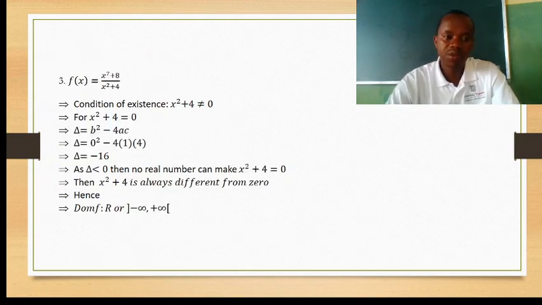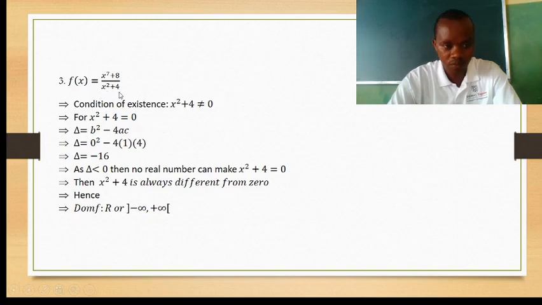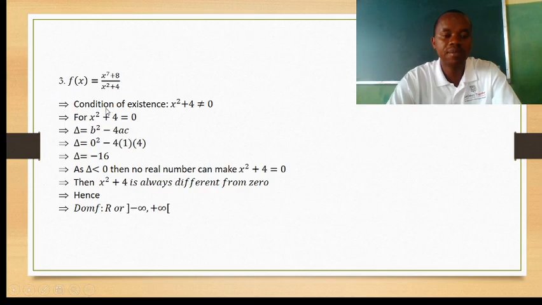Example number 3, f of x is equal to x to the power 7 plus 8 over x squared plus 4. As we did in the two examples above, the condition of existence is that the denominator part must be different from 0. You can see that this one is a quadratic expression.